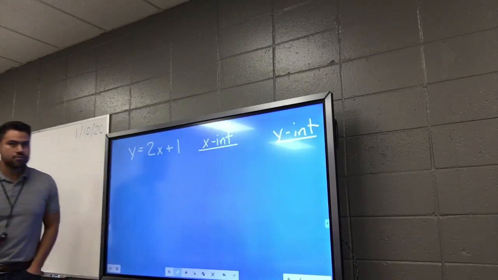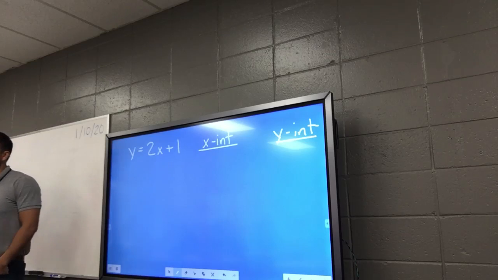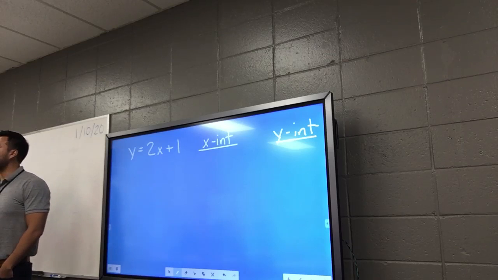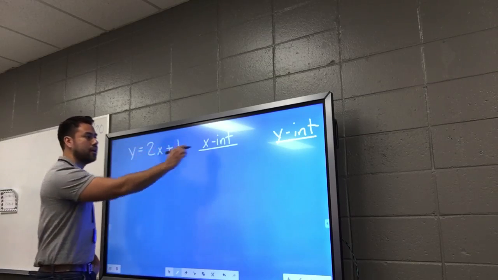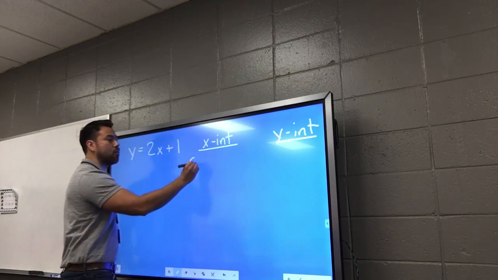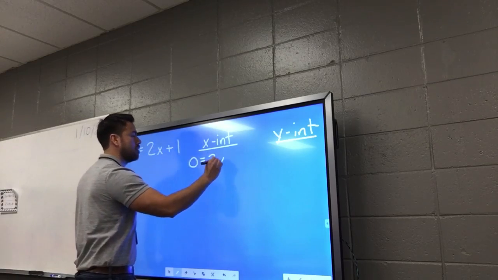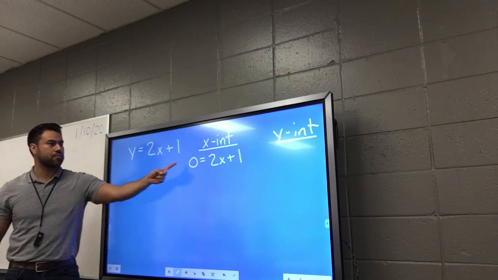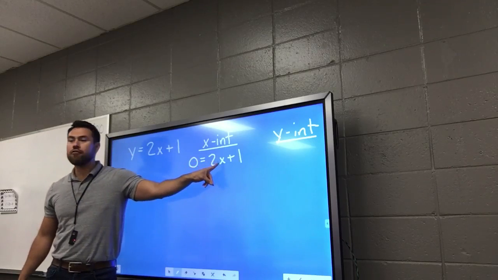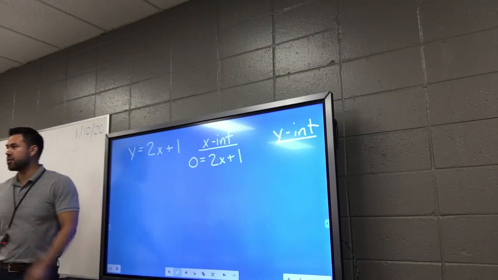Okay, to find the X-intercept, make Y equal 0. Remember that? Doesn't Y always equal 0 when you find your X-intercept? So watch what I'm doing here. I'm going to make Y equal 0. Didn't I make Y equal 0? Okay, can you solve for X there? Can you tell me where X is there?